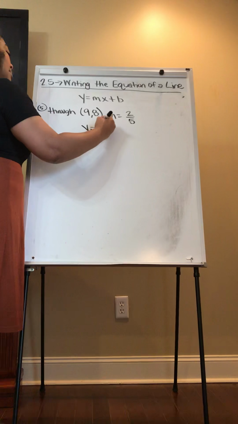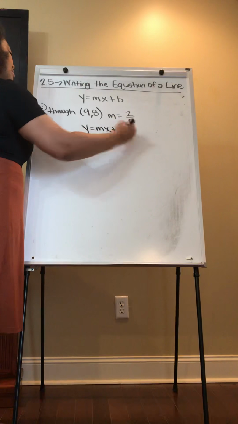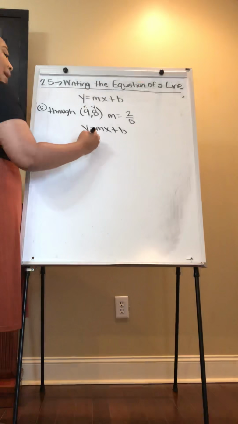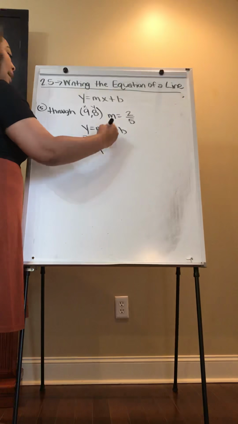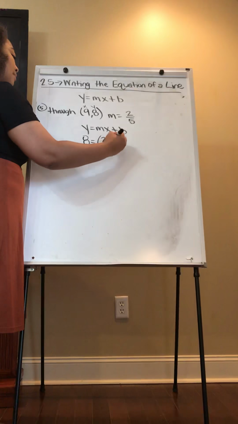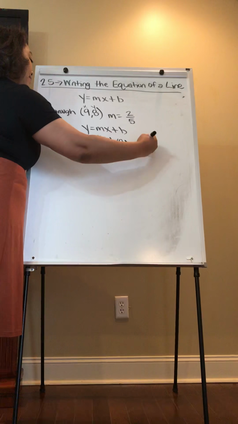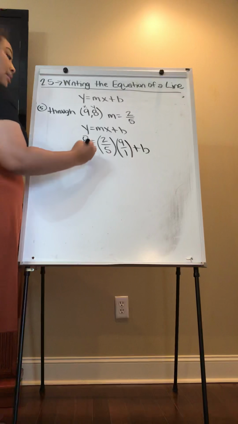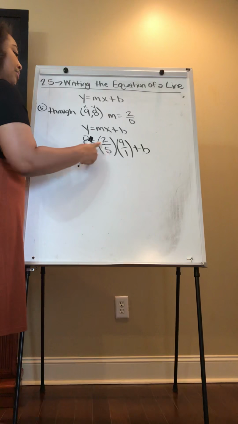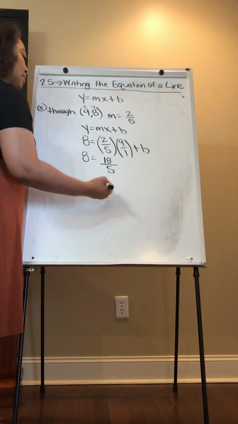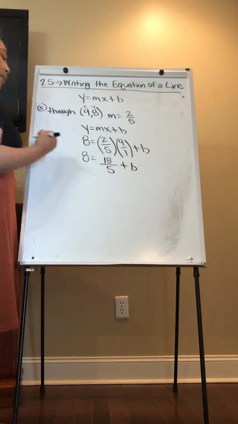Same process. I'm going to take all three numbers, plug it in to y equals mx plus b. My y number is 8. My m is 2/5. My x number is 9, and I'll put it over 1 plus b. So I have 8 equals 2 times 9 is 18 over 5 times 1, which is 5, plus b.